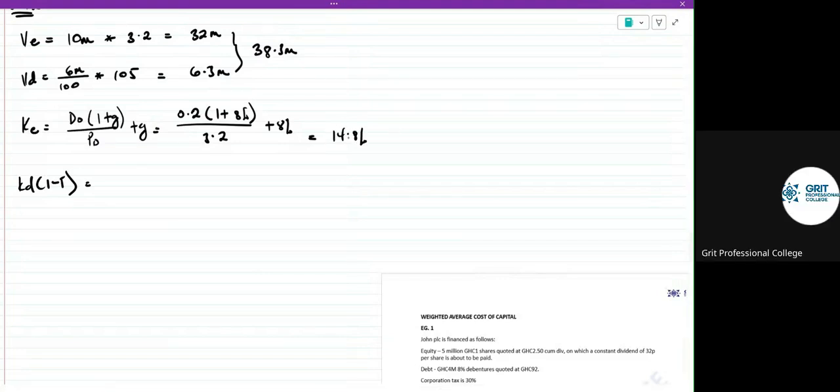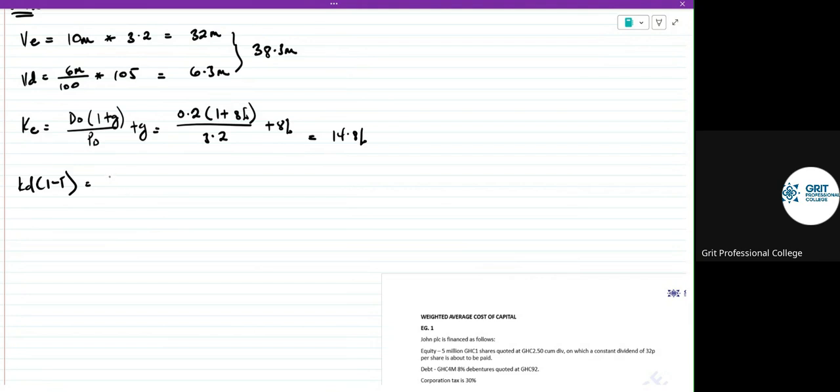14.8%. Okay. Now let's come to the after tax cost of debt. Please remember, since this is a redeemable debt, your formula sheet will tell you to use the IRR approach. But I gave you a formula, I hope you remember, and that's the formula we are going to apply.